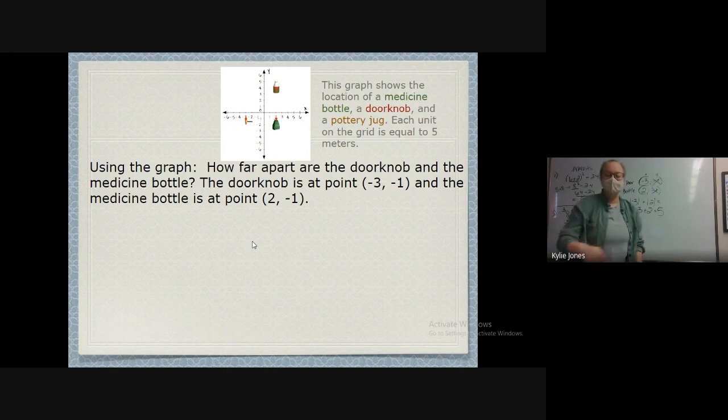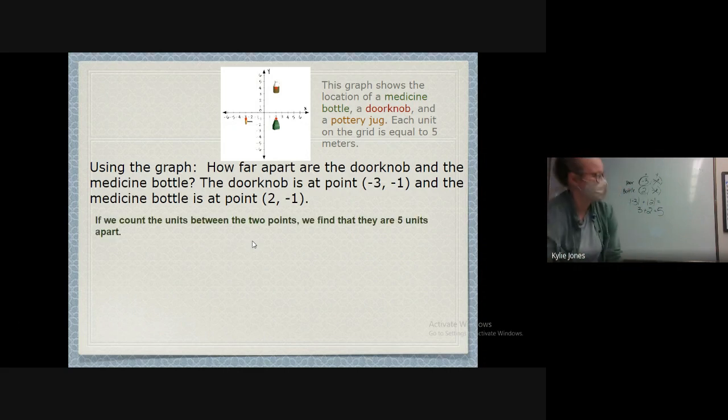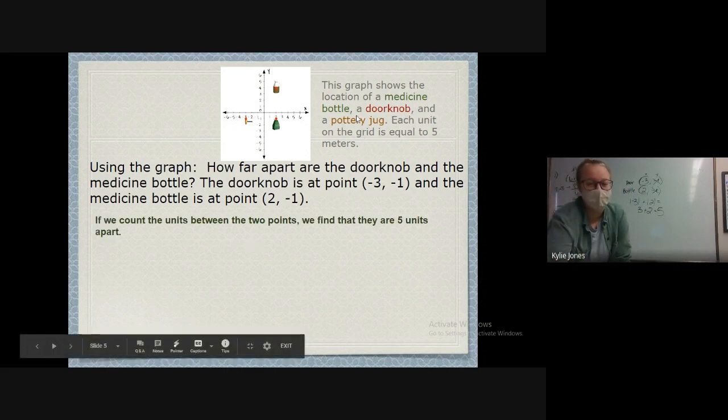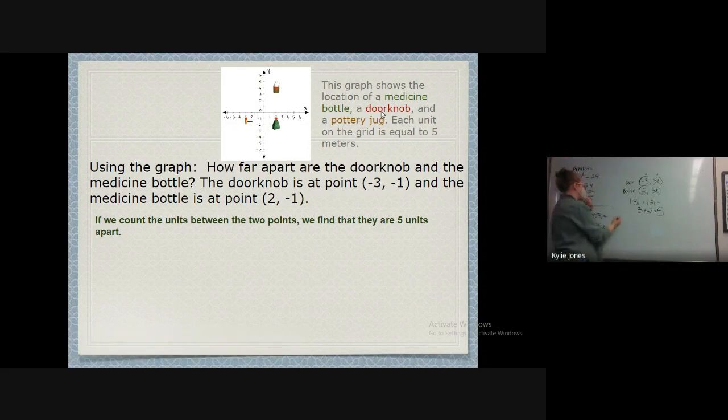But we also know that on our graph, each little marker is 5 meters. So if we were to draw this, right, our doorknob is at -3, -1, and our bottle is here. So it's this distance across.